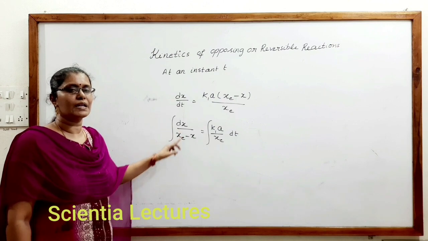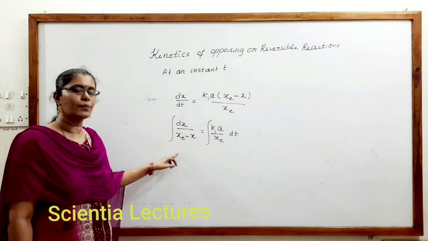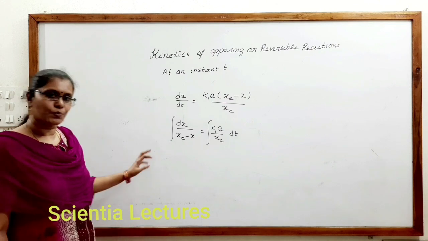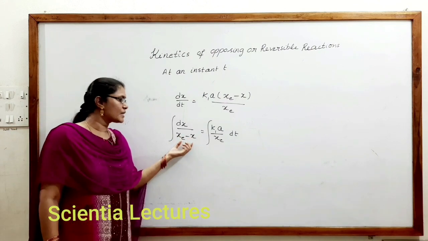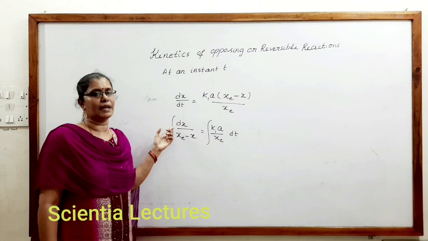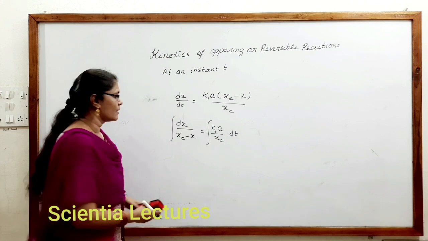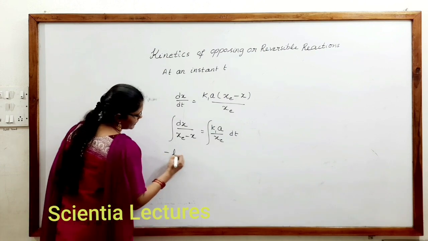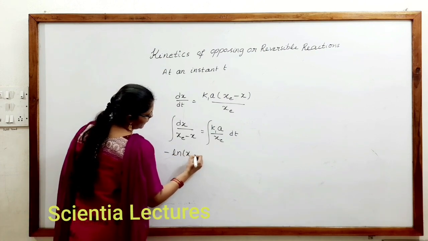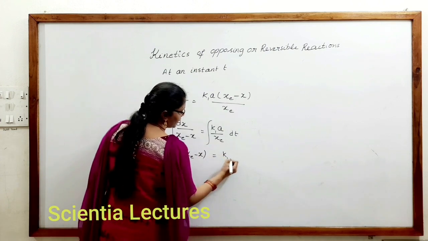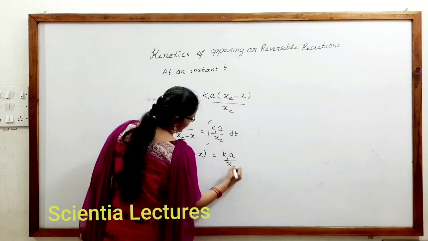Integration of dx by (A minus X), what we have got in the proof there? Minus ln (A minus X). Because what we said, if differentiation of denominator is in the numerator, then its integration should give ln of denominator. So here minus ln (Xe minus X) must be equal to K1 A by Xe into t.